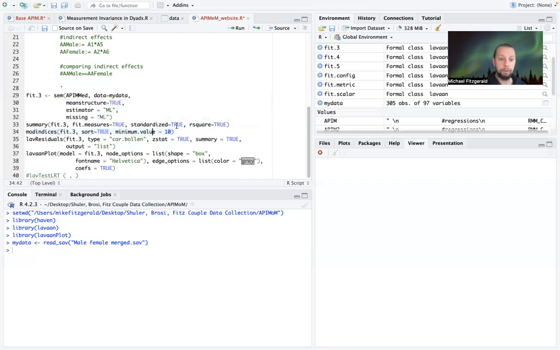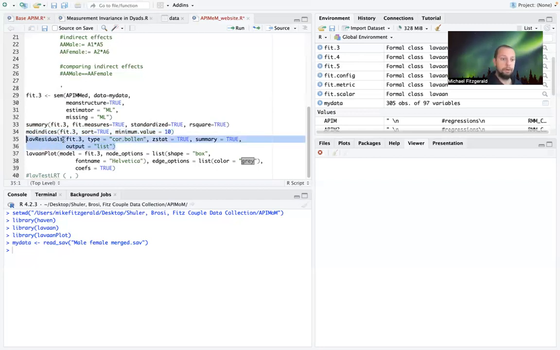So we will request them, but we will not get any output because our model is saturated. There are a total of 27 parameters in this model, which include means, variances, and covariances / regression coefficients. And we're going to be estimating 27 different things, which means we have 0 degrees of freedom. Again, this will not apply here.